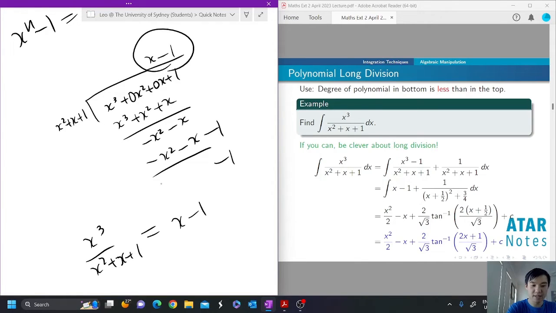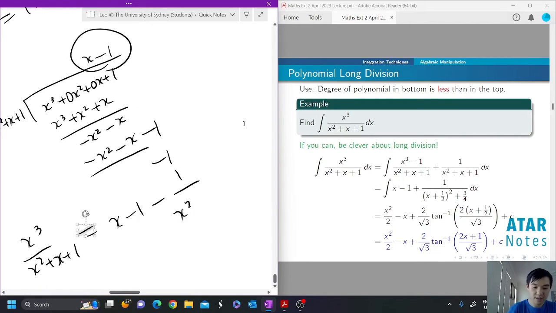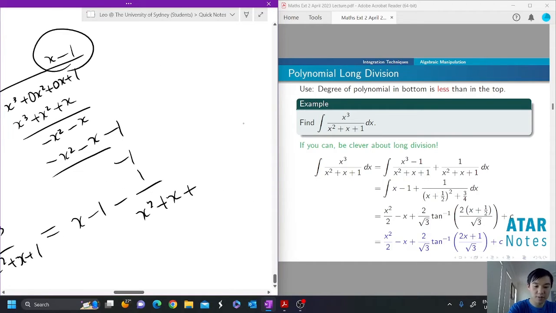We got the remainder, minus 1, over the divisor, so x squared plus x plus 1. So you didn't even need to recognize this using the algebra stuff.